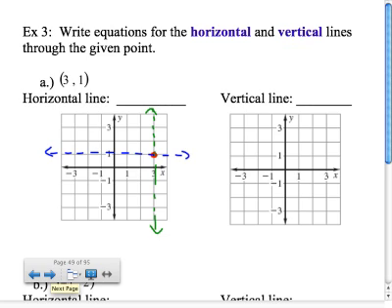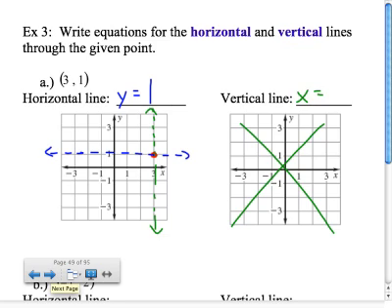I drew both my graphs on one, so I'm not going to use this graph over here. Now if I look at the horizontal line first, the blue line, I know it's going to have an equation of y equals something, and when I look at the dotted blue line here, every single y coordinate along that line is 1. By the same argument, the vertical line is going to be x equals something.